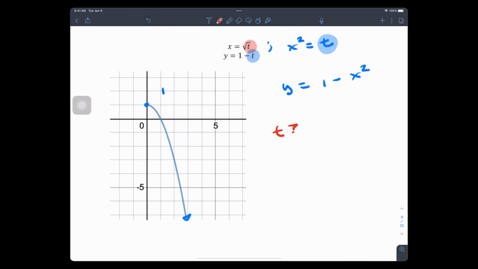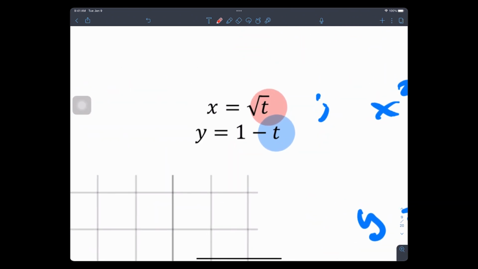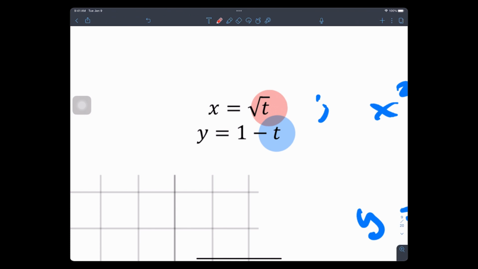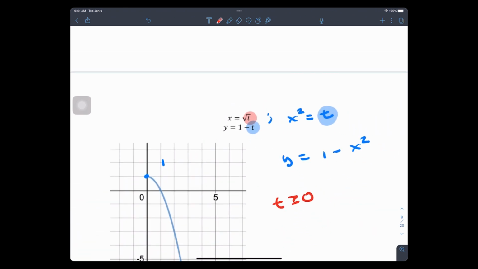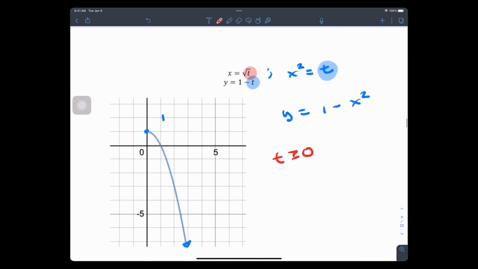T has to be greater than or equal to 0. Why? Because of the domain of what x should be. The domain of x, t has to be greater than or equal to 0. We don't have imaginary values here. So if t is greater than or equal to 0, that means x is greater than or equal to 0. So the domain of t gives you the range of x.